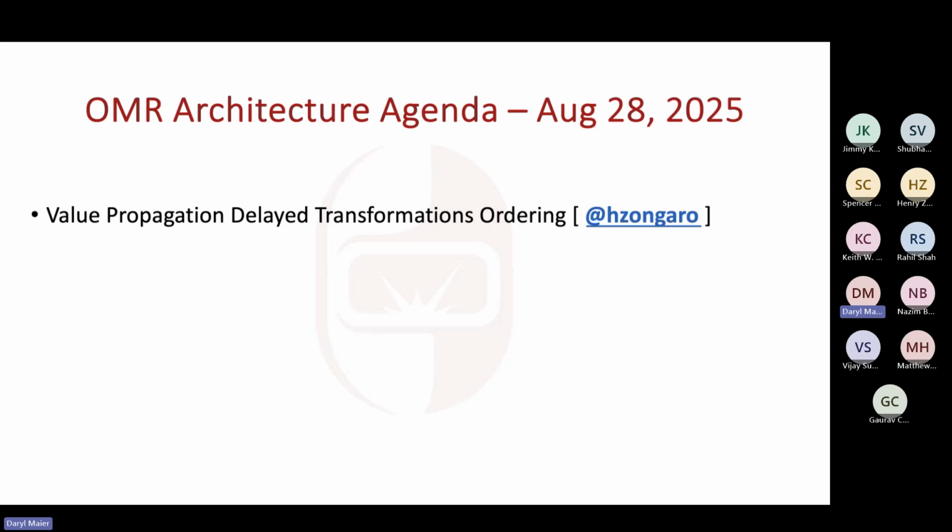Sure. Just to provide a little bit of background before I dive in. Value propagation is an optimization in OMR that downstream projects are capable of extending. In particular, there's a part of the optimization that gets extended by OpenJ9 that OpenJ9 ran into a problem with.